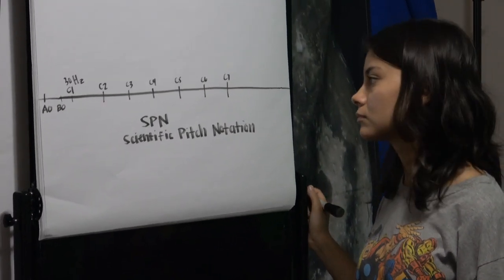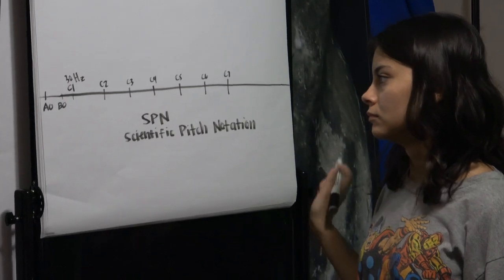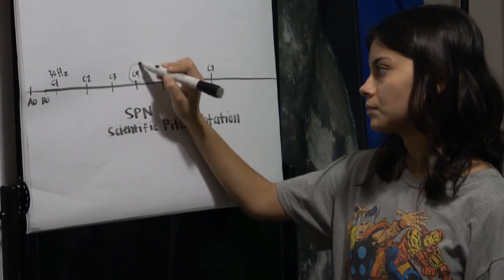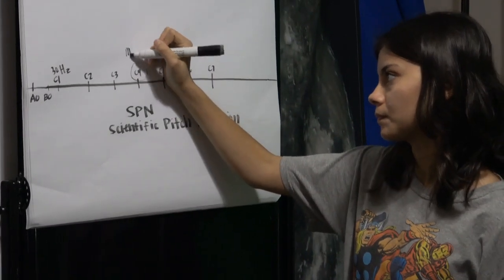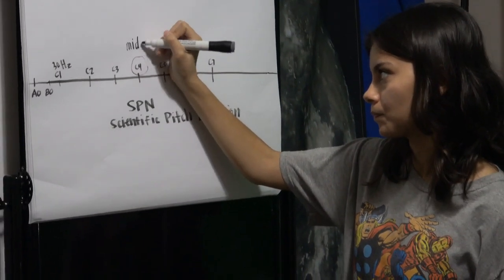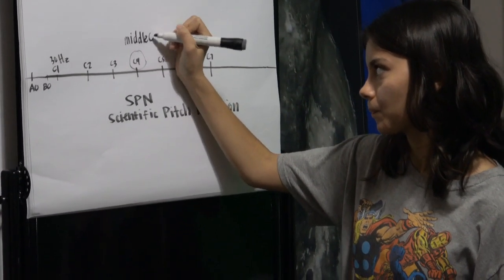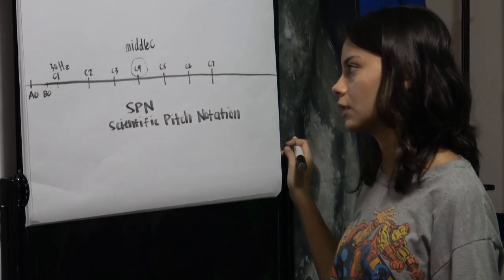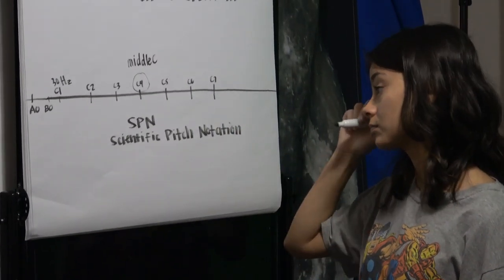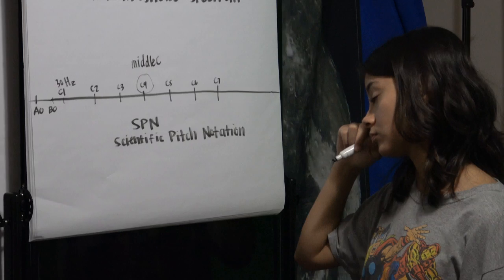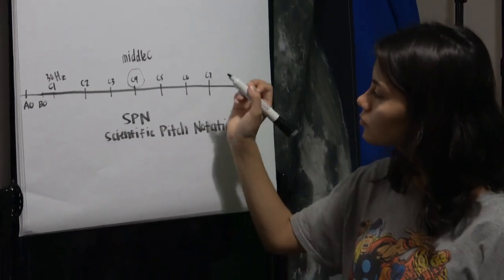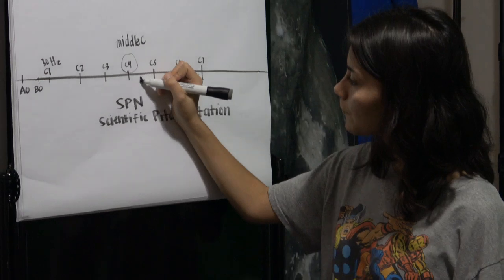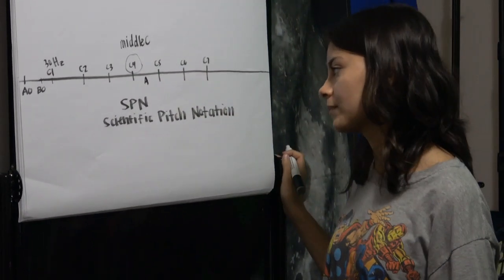So now, find C4 and circle it. C4 is middle C. Last week I was wrong. I noticed on my videos I kept saying C5, and it's not, it's C4. Now between C4 and C5, put A, that's A4.